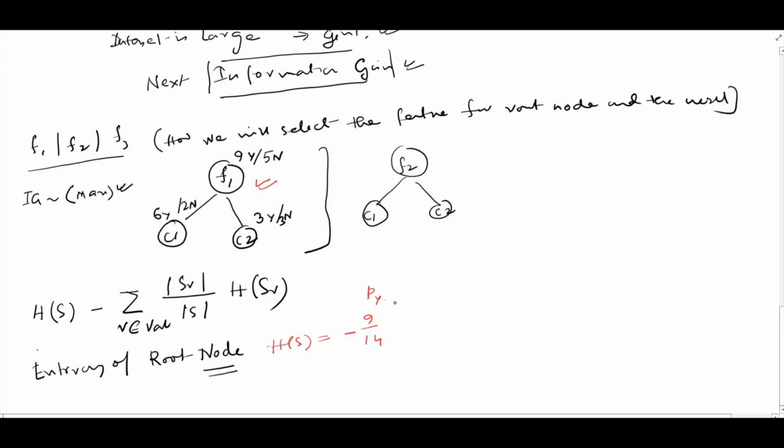I'm right now calculating the probability of yes, log base 2, probability of yes, which is 9 by 14, minus 5 by 14, the probability of no, log 2 of 5 by 14. If I simplify it, we'll get 0.94. I already did it, so I'm not going into detail.